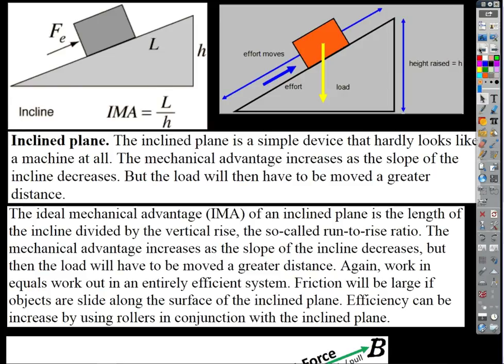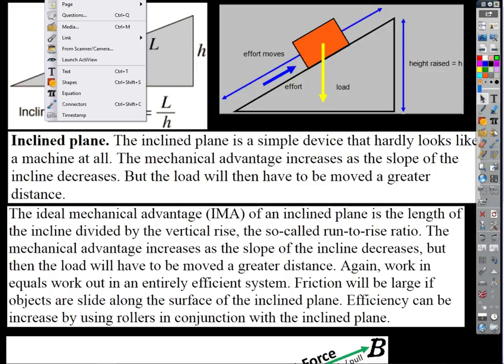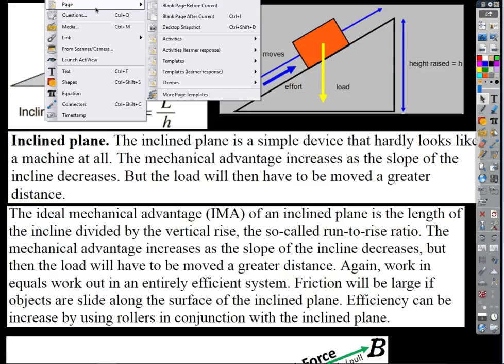If you wanted to think about this, I'm not going to be able to draw it very well, but you get an idea. Let's say here's our ramp, in the form of a plank, right? We're starting down here, and we've got this long plank that's connecting to something up here.